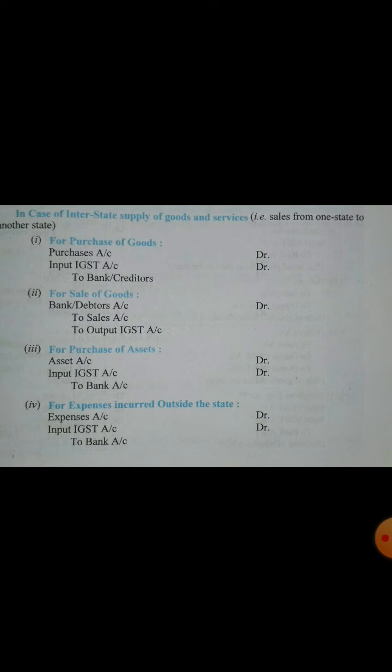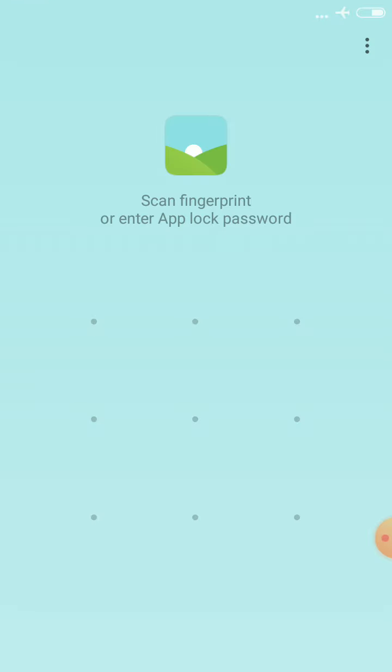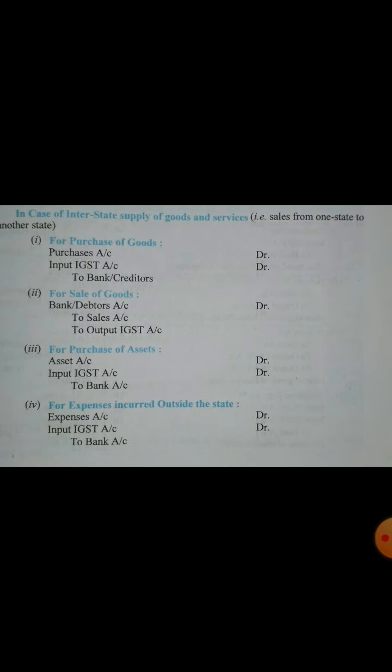In that case, all the entries will be as I discussed earlier. All the entries, process and procedure of accounting for GST that I have laid down till now are for within-state GST accounting.